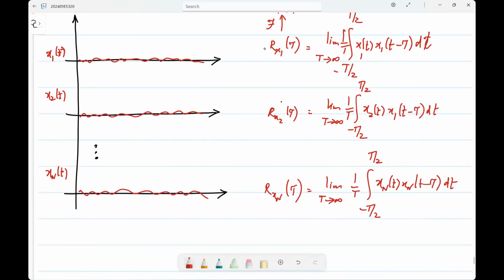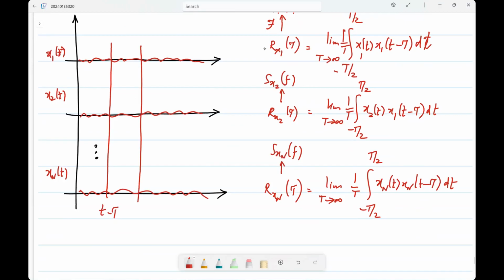So for each one, I could calculate the corresponding power spectral density from the definitions I already knew. Okay. Now it turns out that, let's say you have the time instant t, and maybe this is t minus tau, and this is t. Okay.